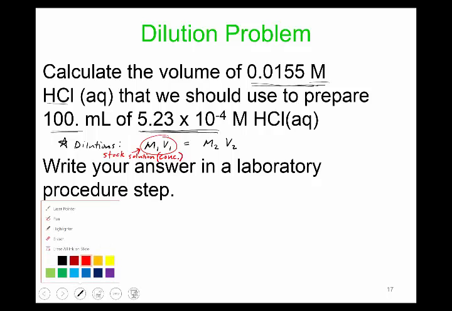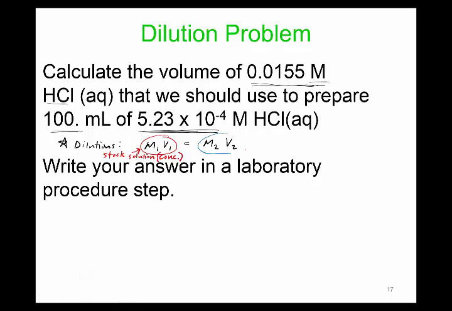The M2 V2, the twos here, are the diluted amounts. In other words, in terms of this problem, you're given M2 and V2 because these are the diluted amounts that you want to dilute it to. Basically there's four variables here, M1, V1, M2, V2. You're given M2, V2, and out of the stock starting one, you're given M1.